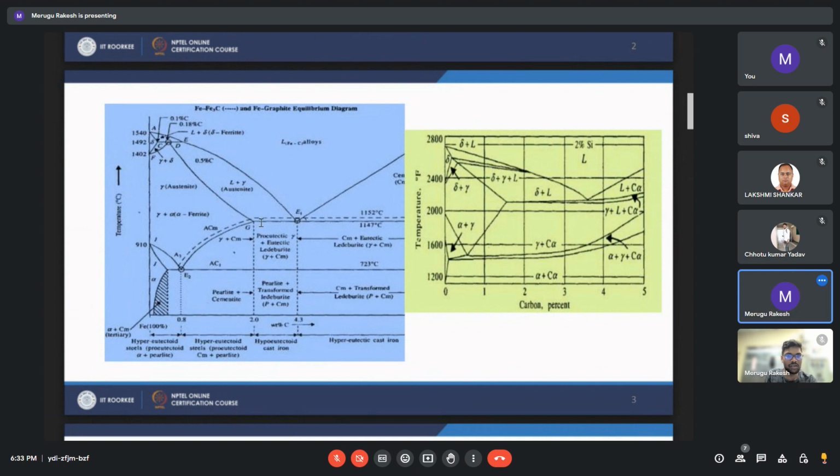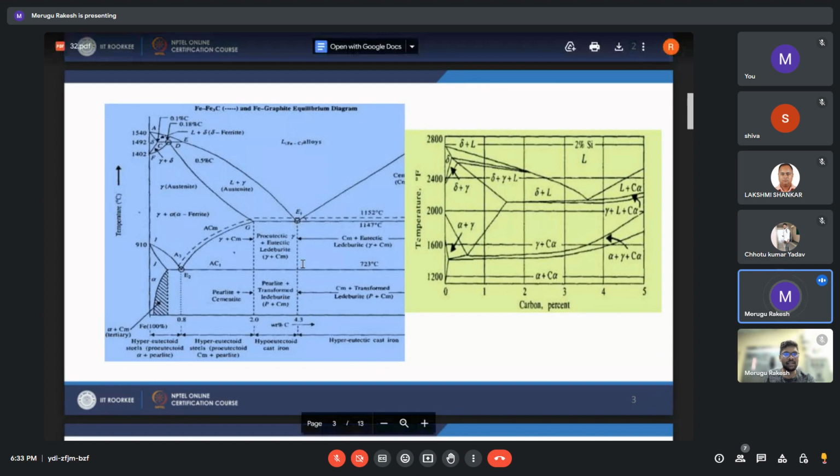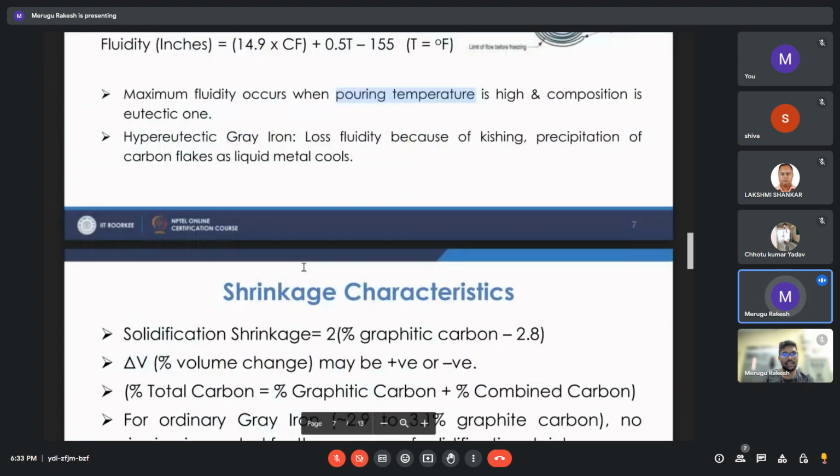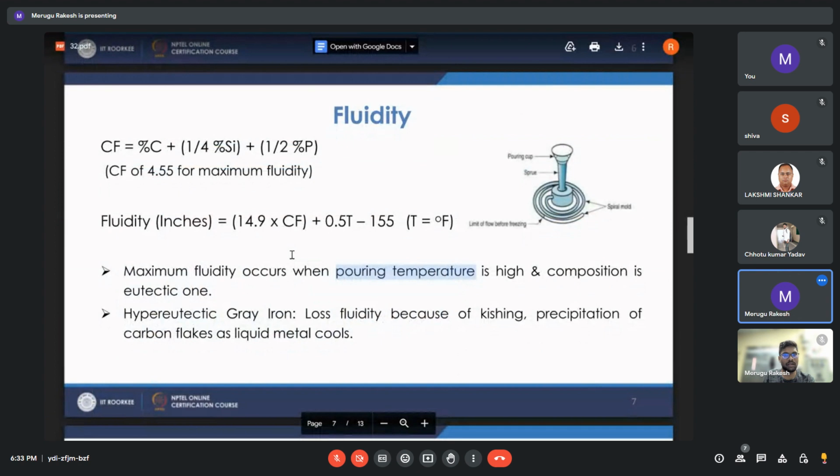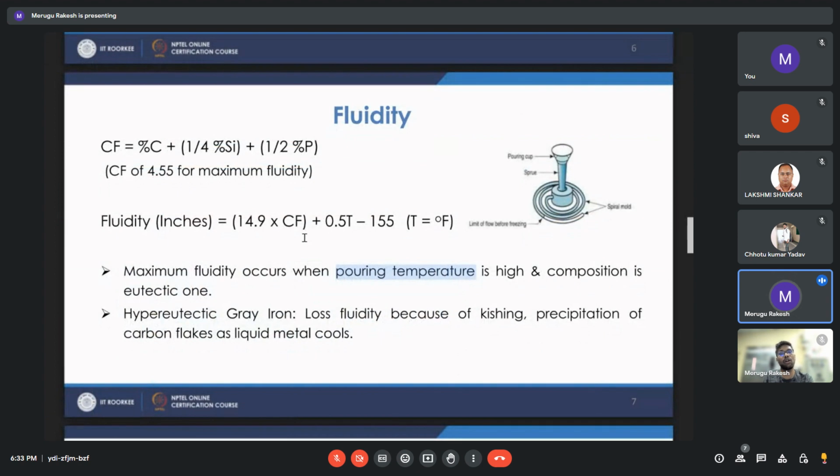This range should be reduced when selecting a composition. This is not only for gray cast iron; fluidity is a general item. Even in non-ferrous alloys, the freezing range should be small in order to promote fluidity.